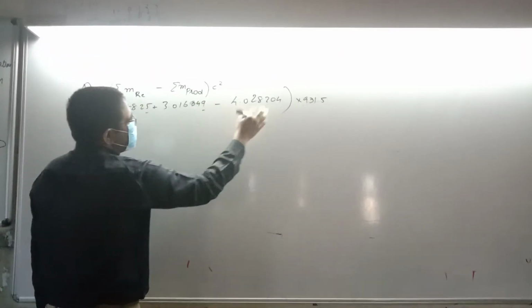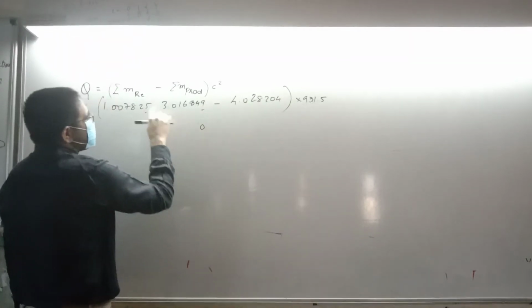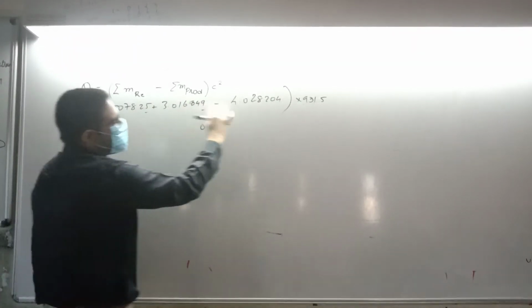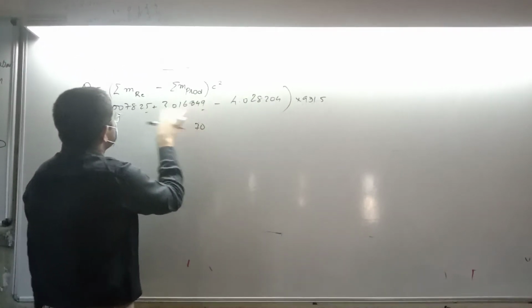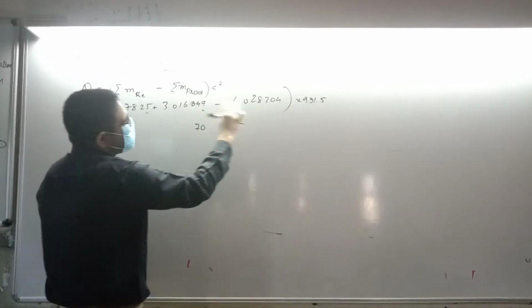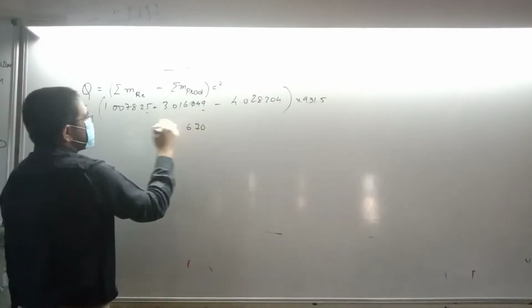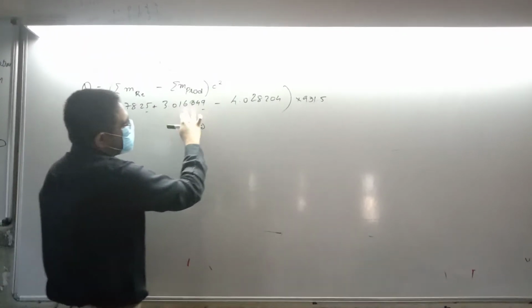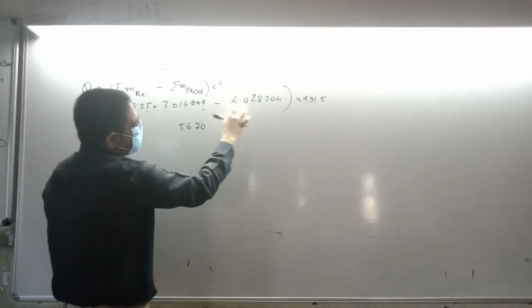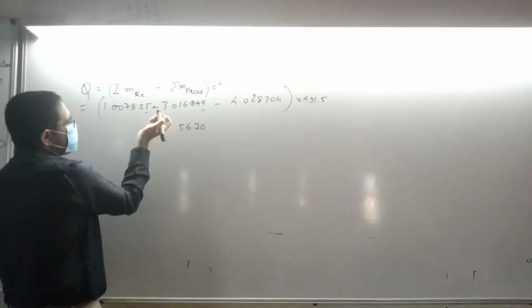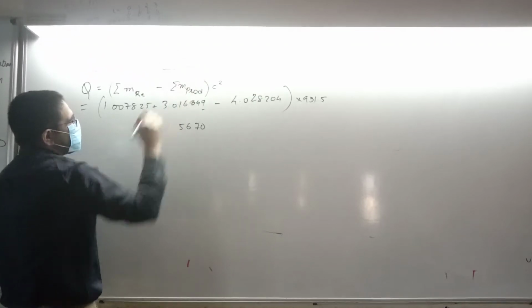Five plus 9 is 14, 14 minus 4 is 10, so 1 carry. 3 plus 4 is 7, 7 minus nothing is 7, 8 plus 0, 8 minus 2 is 6, 7 plus 6 is 13, 13 minus 8 is 5, 0 plus 1 is 1, minus 2 cannot be done. So you have to borrow it from somewhere, right?